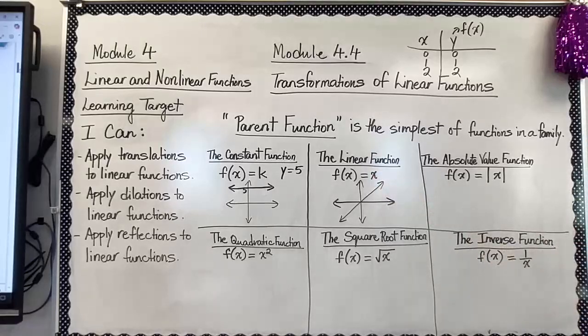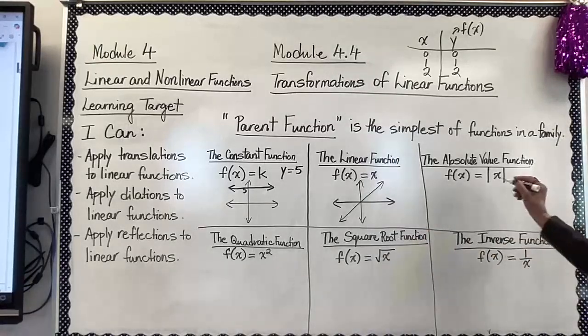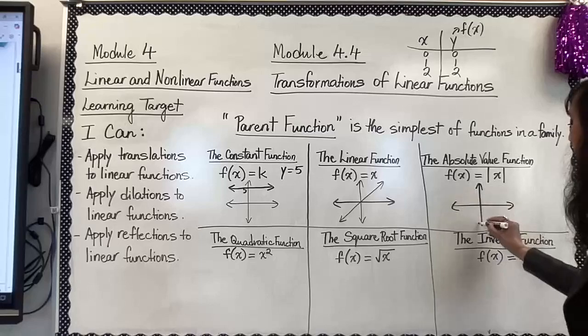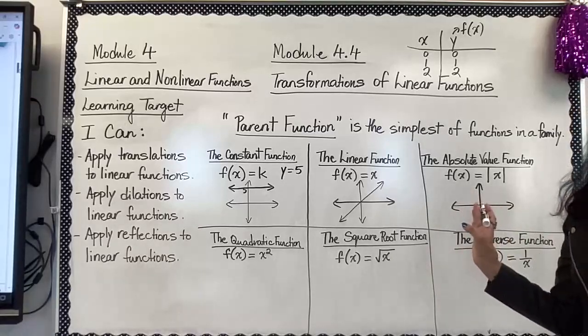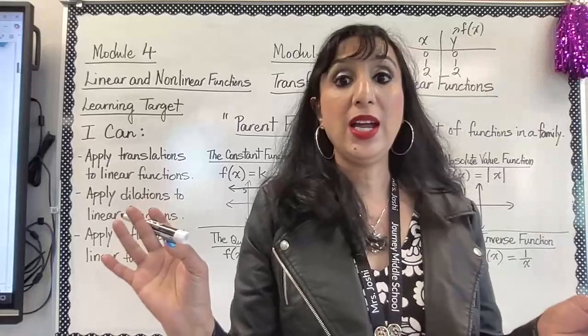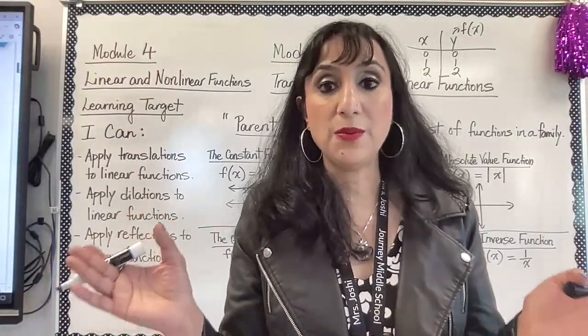All right, then let's look at the absolute value function. In the absolute value function, this is what the graph looks like. Okay, so I have my x and y coordinates. So the absolute value of x, y is equal to absolute value of x. We know that -2 and 2 have the same distance from 0 on the number line.